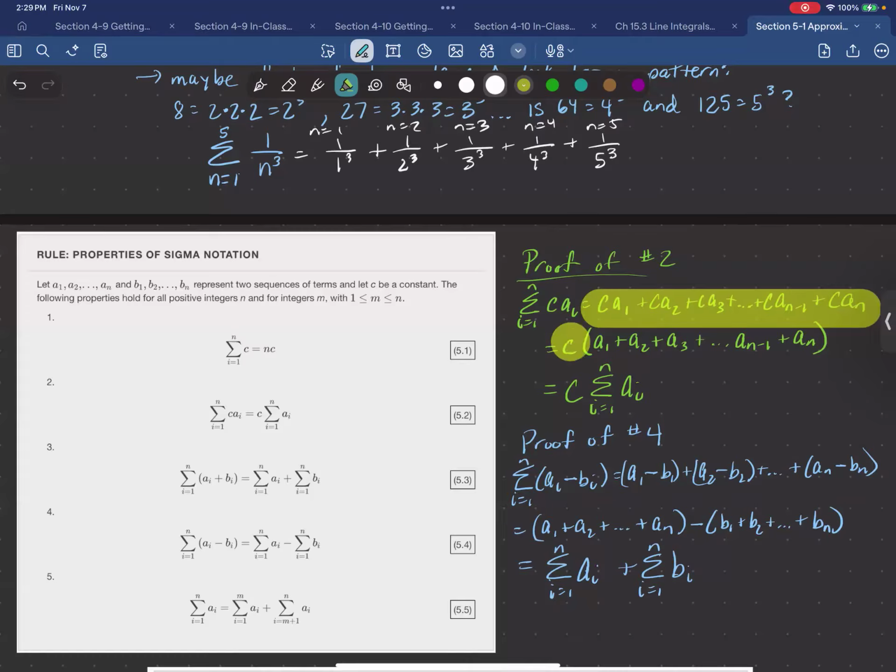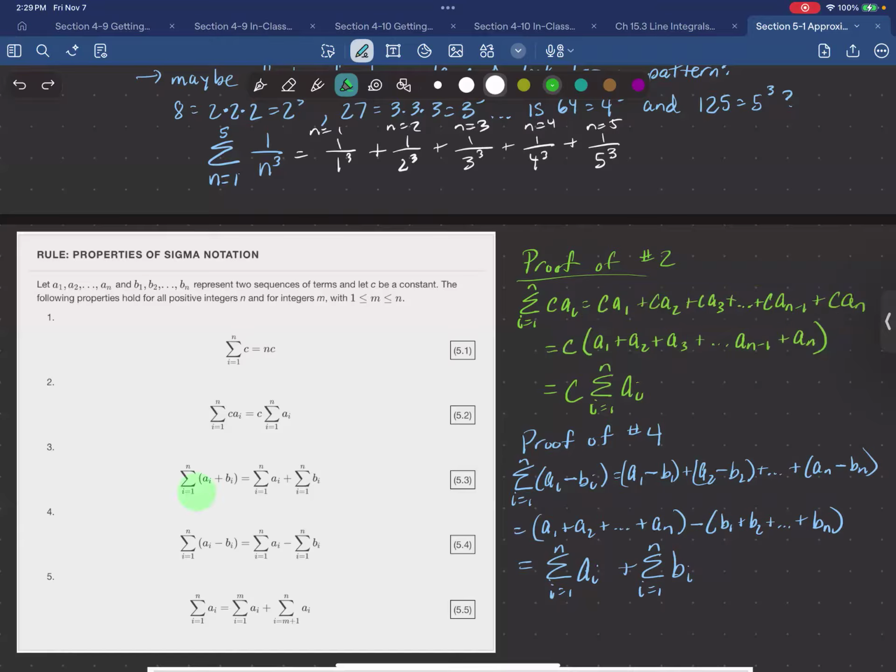But at this point, I can factor out the c. And this summation, this value right here, is really just that sum right there. So the c is factored outside of it, and we're good to go.